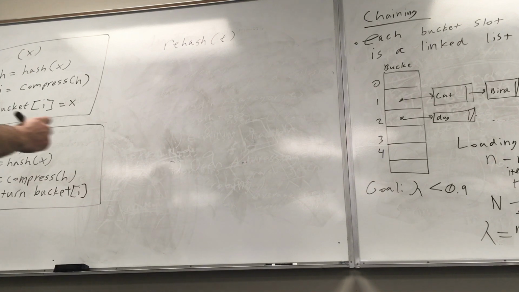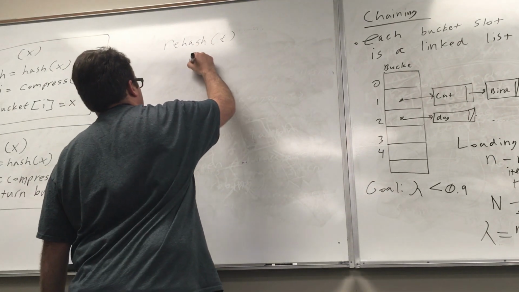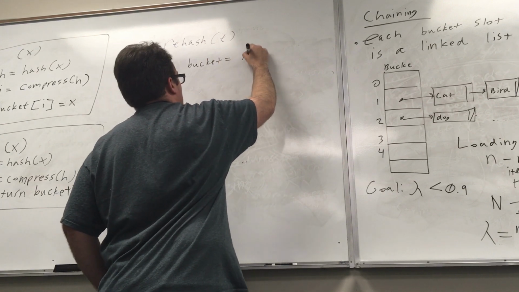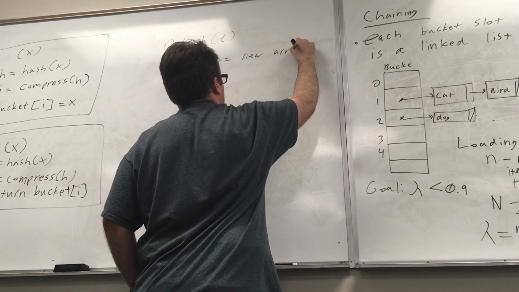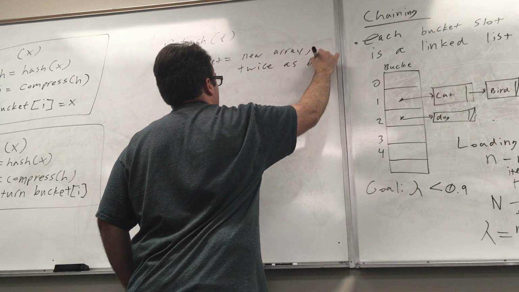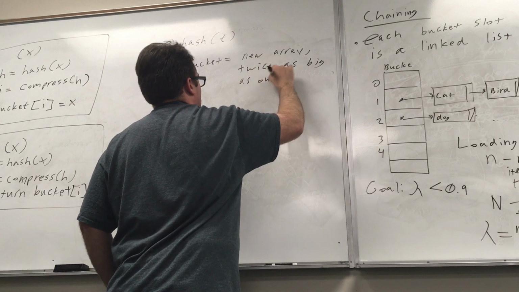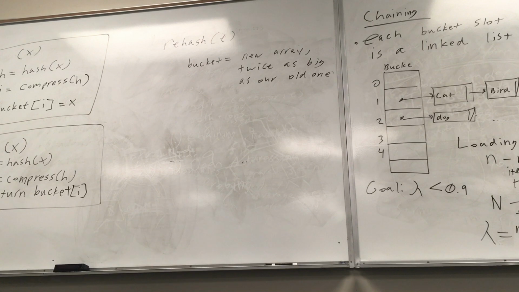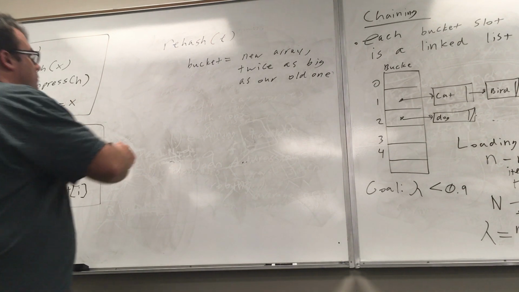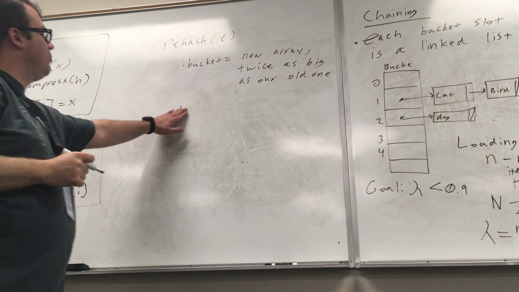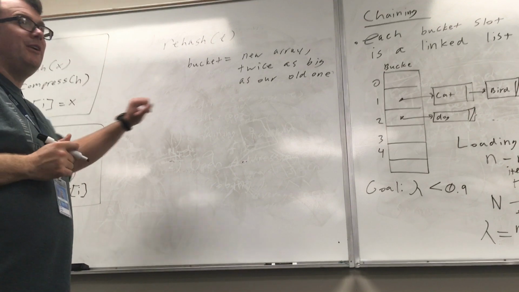When we rehash, our new bucket list is going to be a new array twice as big as our old one. That's the first bit. And then after we do that, I don't know why we decided bullets would be appropriate there.